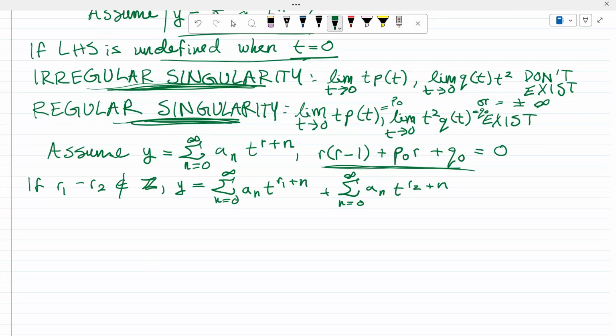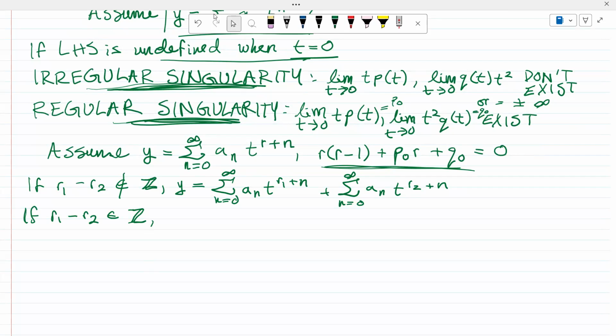But then probably the most annoying case is if r1 minus r2 is some integer. If that's the case, then we say that, I'm sorry, I'm just referring back to my notes here.